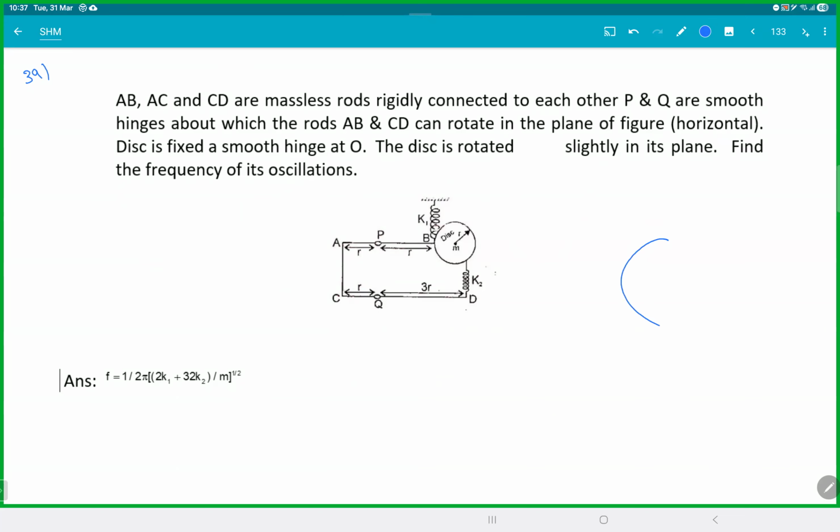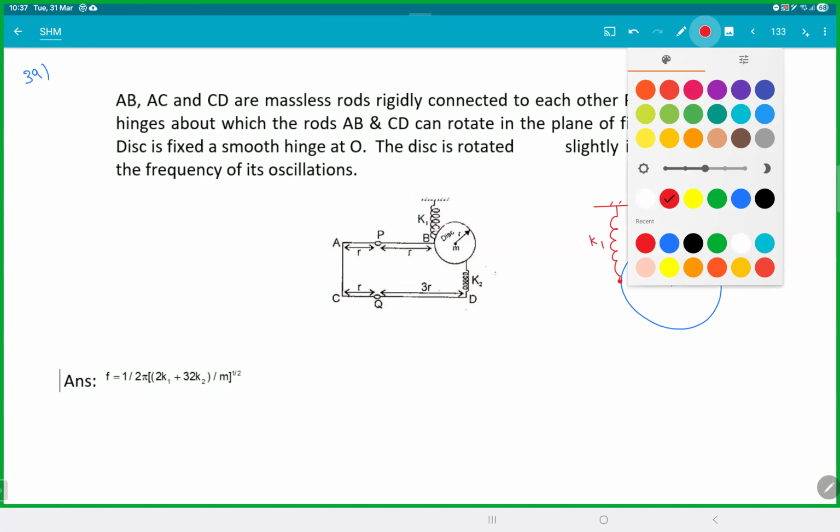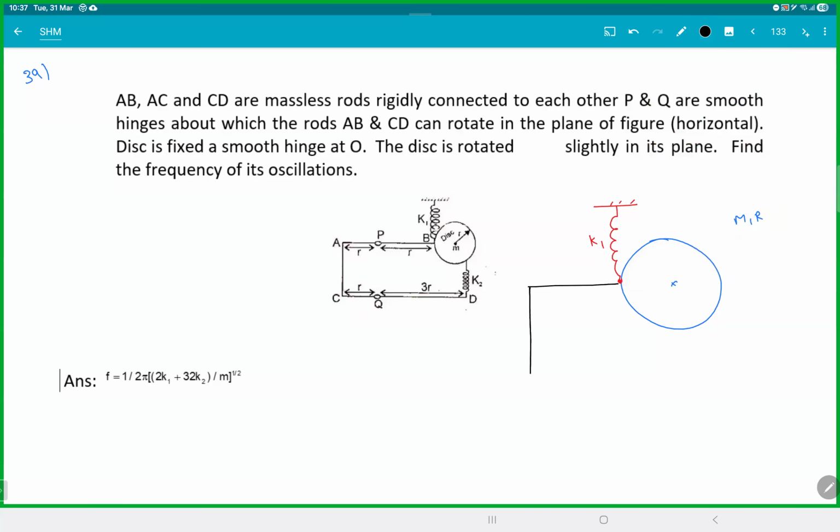Just to give a picture again, the picture looks like this. We have mass m, radius r. Here we have a spring. This is your K1, attached there tangentially. Then we have a rod like this. Then we have one more spring like this. This was K2, this was P, and this was Q. That spring is attached to that corner there. It's almost tangential.